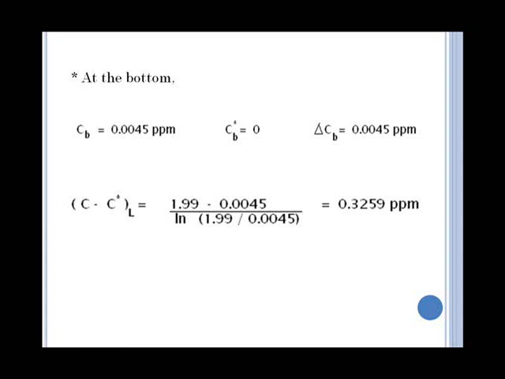By substituting the values, C minus C star equals 1.99 minus 0.0045 all over ln of 1.99 divided by 0.0045, and with this we will get a value of 0.3259 parts per million.